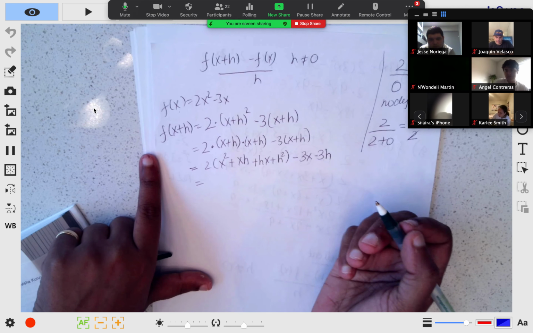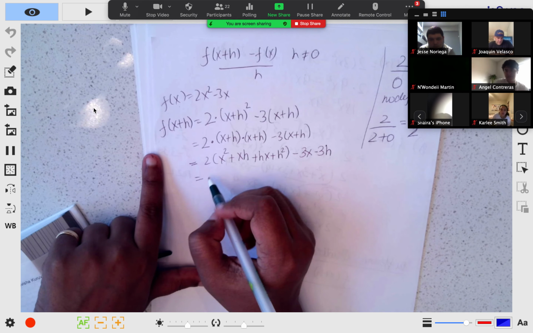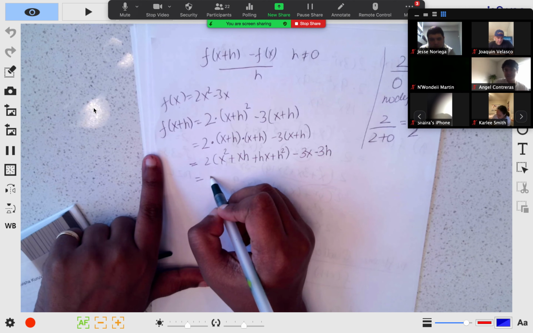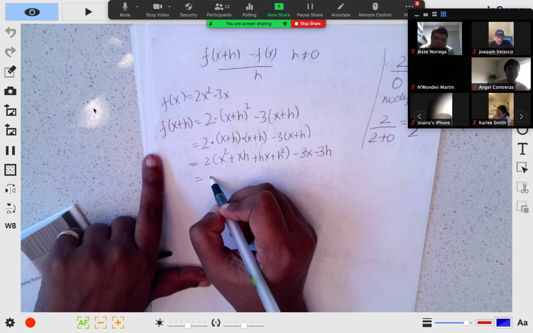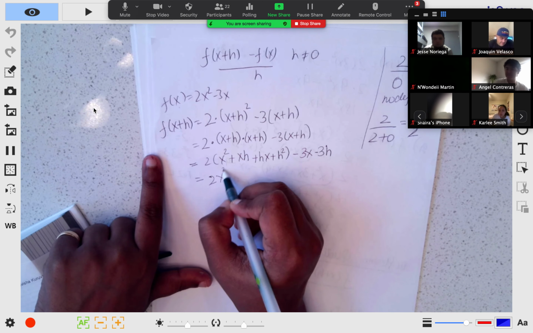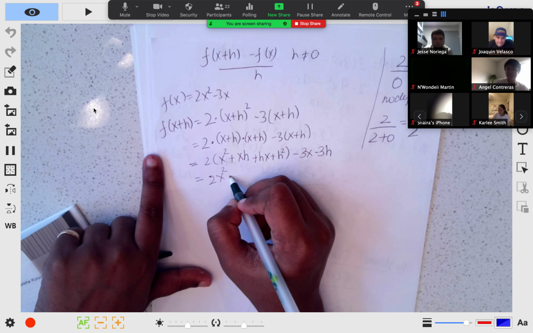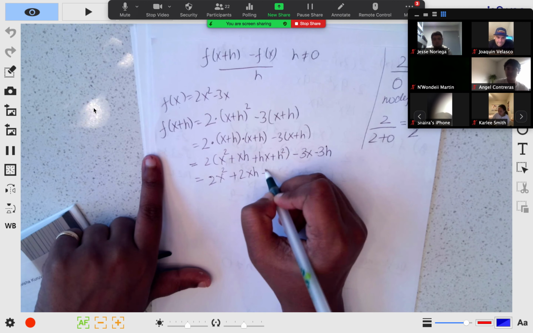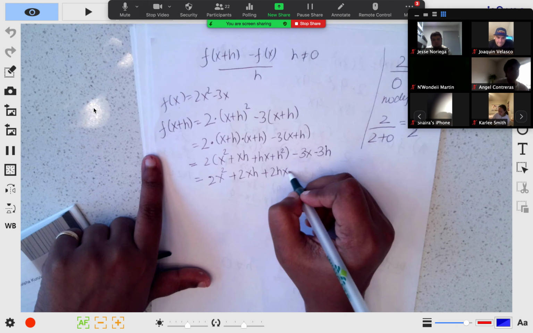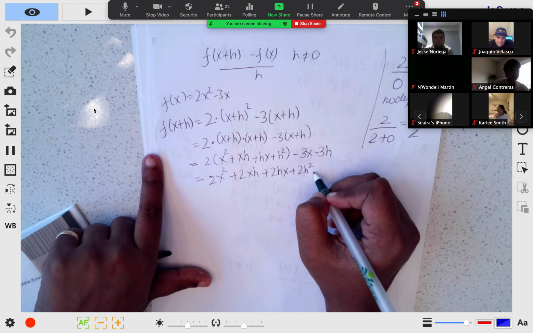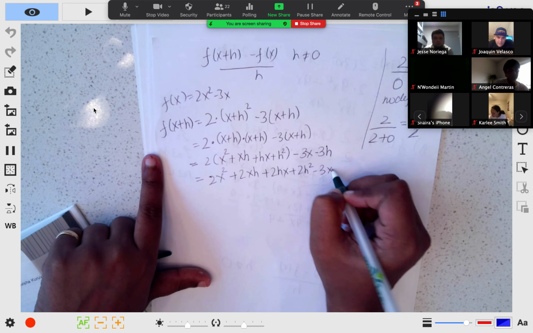Now let's solve this thing. What do you get? So now you multiply by the 2, so we get 2x squared plus 2xh plus 2hx plus 2h squared minus 3x minus 3h.